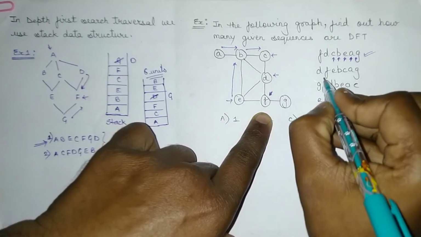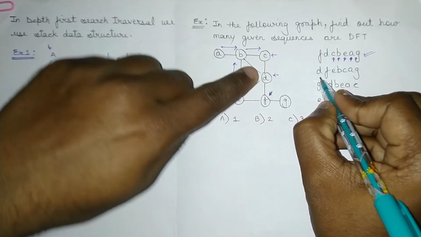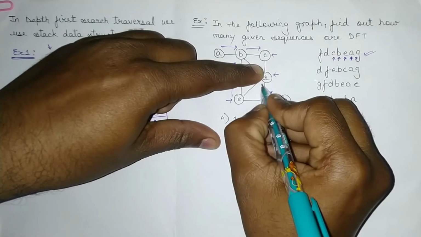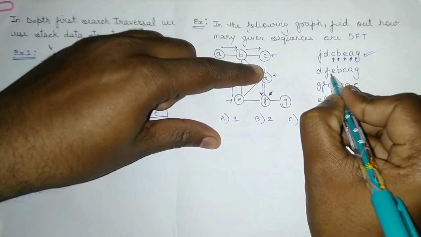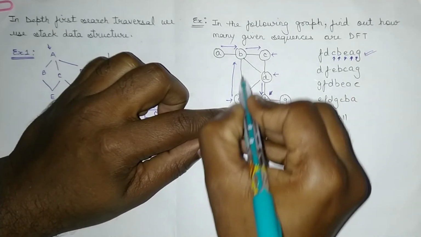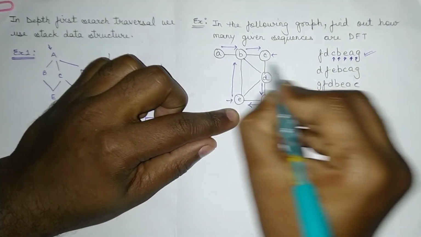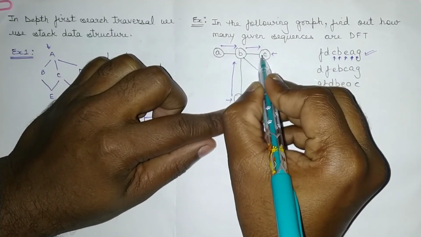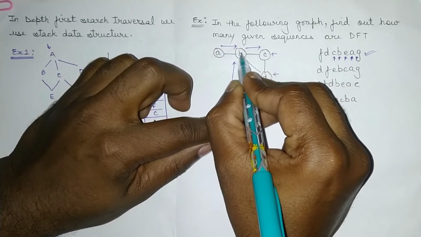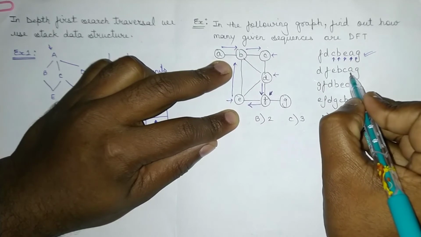Now let's quickly move on to the next one. Again they are starting from D. From D they moved on to F, which is right. After F they moved on to E, which is right. After E they moved on to B, which is right. After B they moved on to C, which is right. Then they backtrack to B, and from B they find a new node, which is A. This is right.